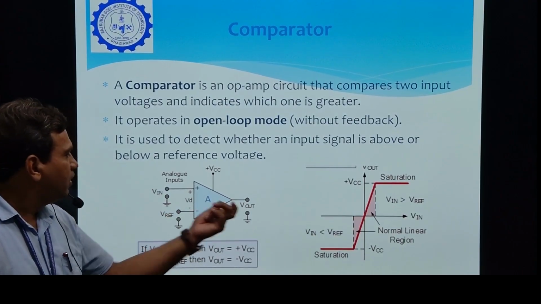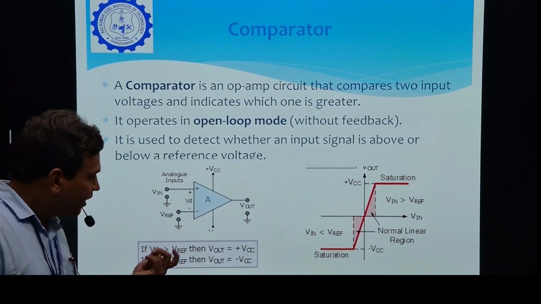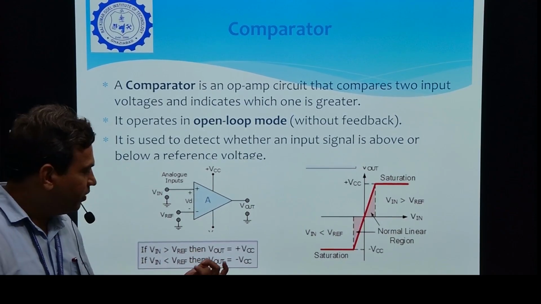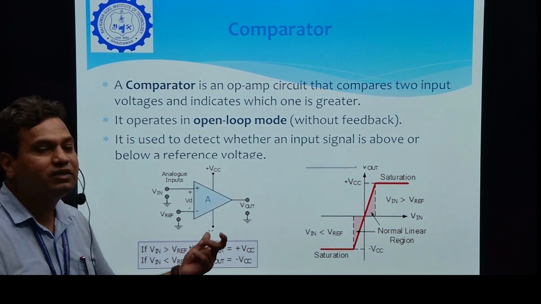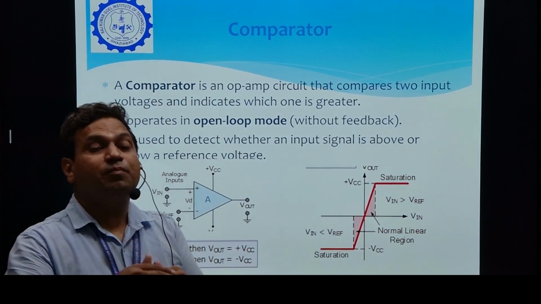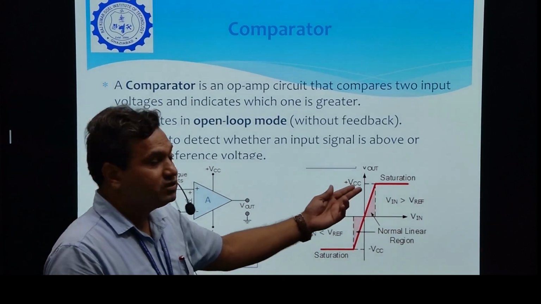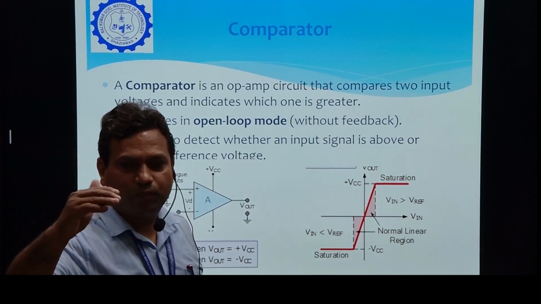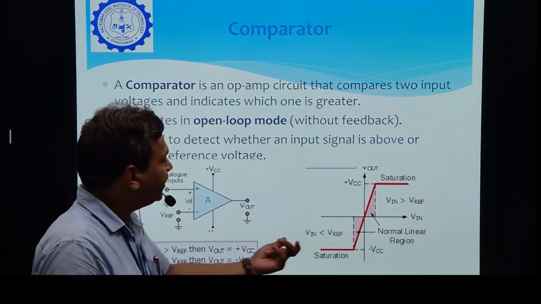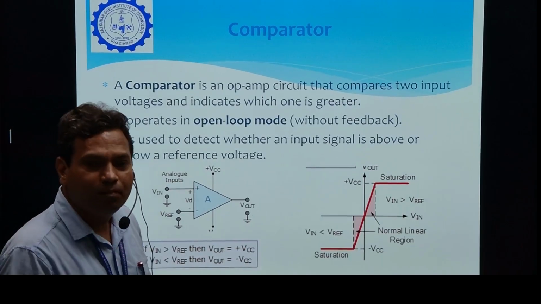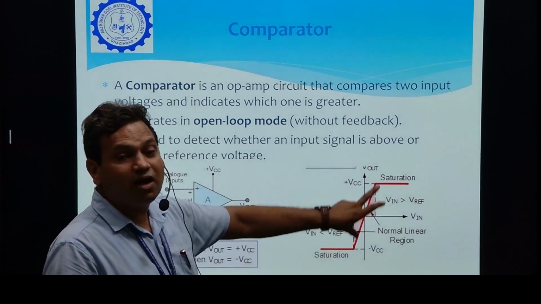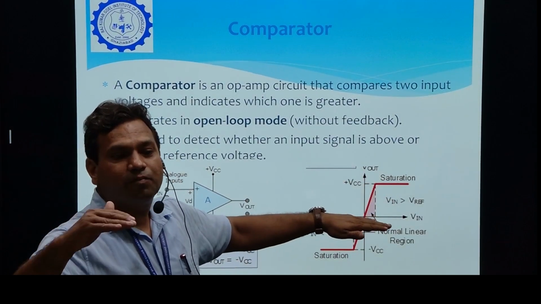The output, based on the comparison result, will be plus VCC or minus VCC. Plus VCC and minus VCC are the maximum dual supply voltage levels. Suppose we apply plus 12 volt and minus 12 volt. So the output may be plus Vsat or minus Vsat. The output never exceeds its dual supply voltage level.